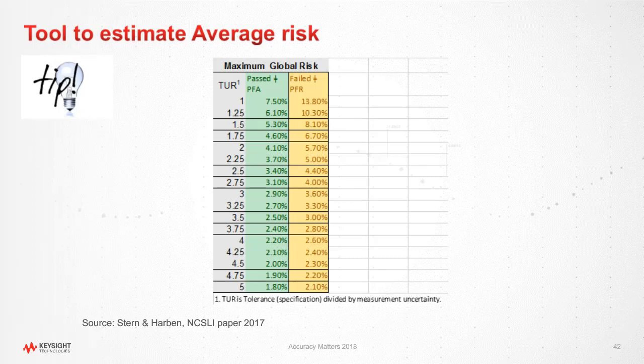If you pass it anywhere in the pass zone, it would be 2.1%. And if it was outside, the false reject would be 2.4%. So you can see right in this table, it's pretty easy to determine, to usable amounts of risk, what your exact situation is.